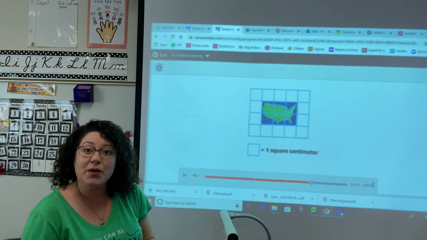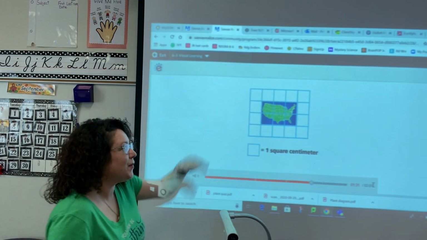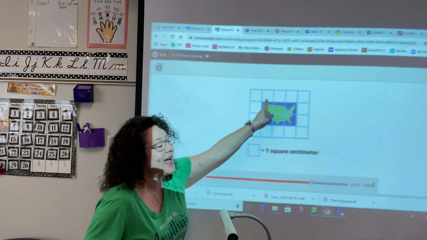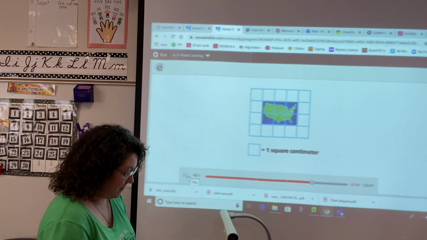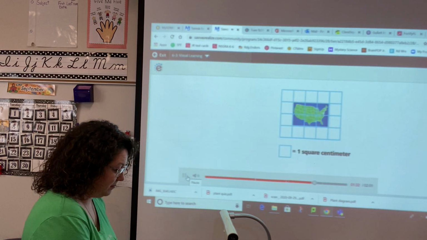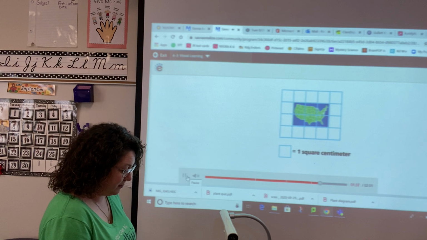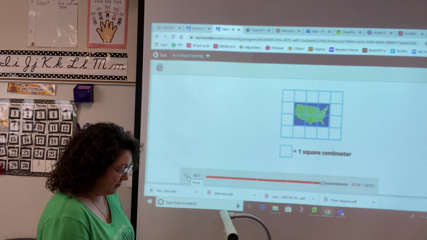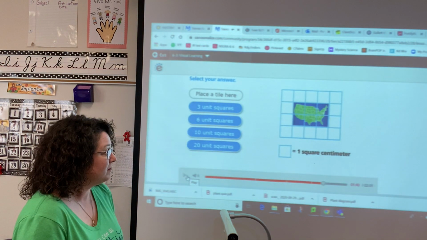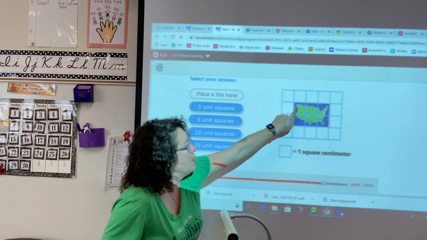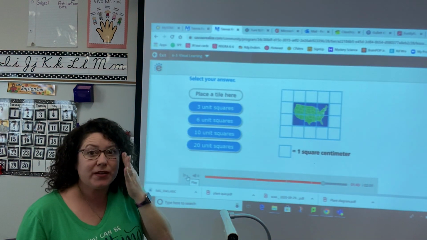You can also find area by multiplication. It's kind of like an array. You're multiplying one side to the other. The grid shows how many square centimeters cover the sticker. How many unit squares cover this sticker? 1, 2, 3, 4, 5, 6. Or you could do an array.